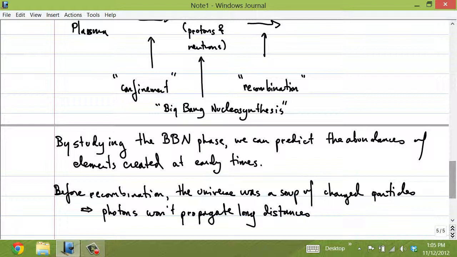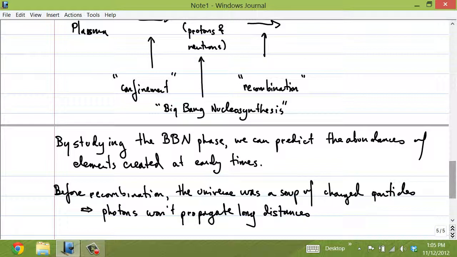Remember, photons are electromagnetic waves. What does electromagnetism do for a living? Well, it interacts with charged particles. After recombination, when all of the protons and electrons have bound together to form atoms, these atoms are electrically neutral. You have the same number of electrons as you do protons. And so that means that these photons will be able to propagate.